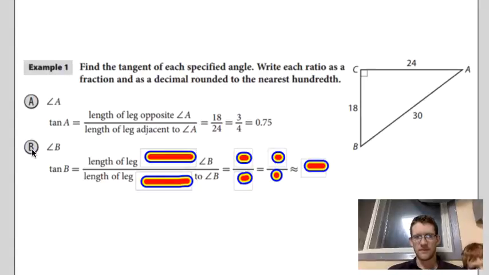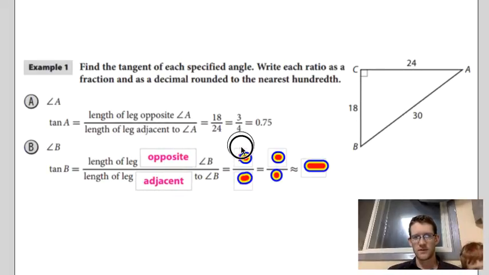So for part B, we also want to find the tangent of angle B. The tangent of angle B is equal to the opposite, now, this is the opposite, right, over the adjacent. This is the new adjacent with respect to angle B. So opposite over adjacent.